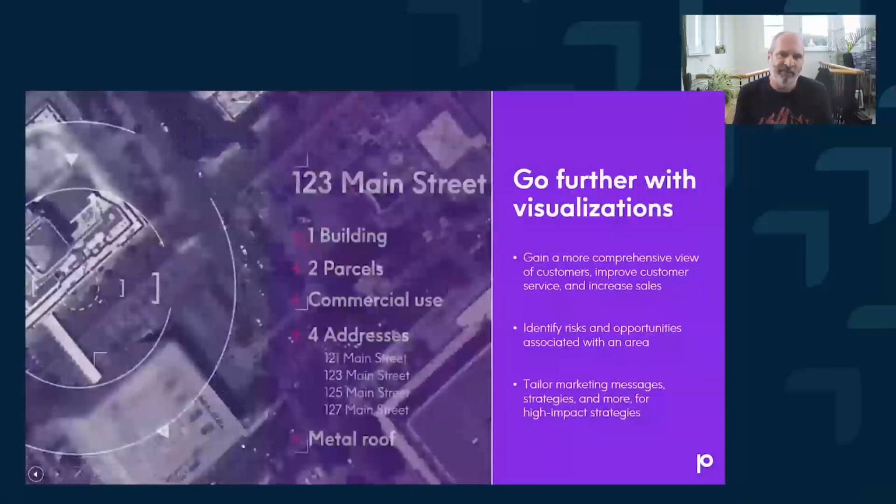And it might be as simple as, I didn't even know those two addresses were next to each other. I didn't know that one could be exposed to flood and the other is not, just by the height that those properties are at. So lots of visualization capabilities that can be used alongside third party and enrichment data.